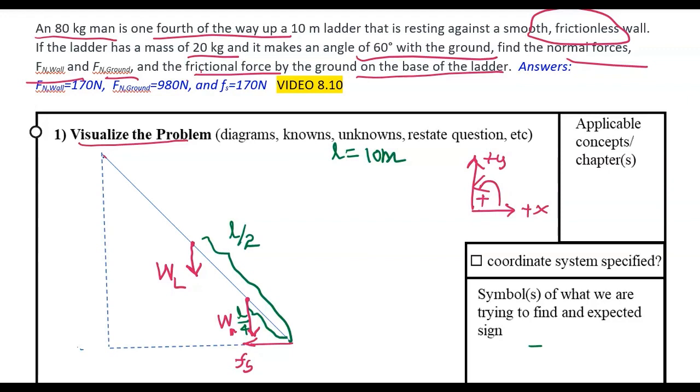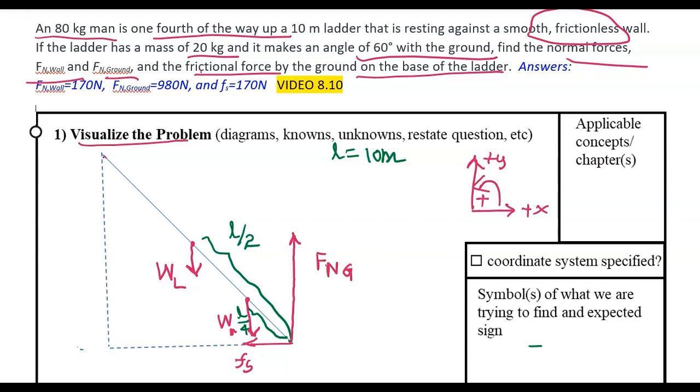And the next force I'm going to consider: there are two forces acting in the negative direction, the weight of the ladder and the weight of the man. In order to balance those two forces, there should be another force acting in the positive direction.